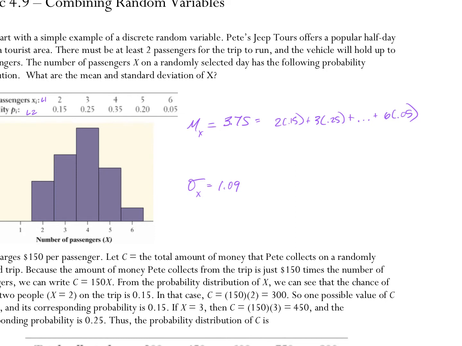All right. And then for our standard deviation, that work would look like a giant square root symbol. For each one, we would do the possible outcome minus the mean, so the 2 minus the 3.75 squared, and then the probability of that 2 was 0.15.